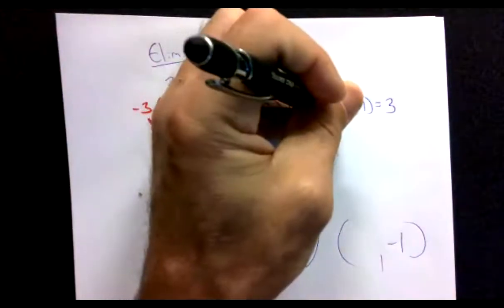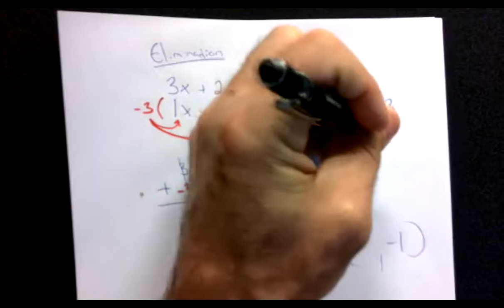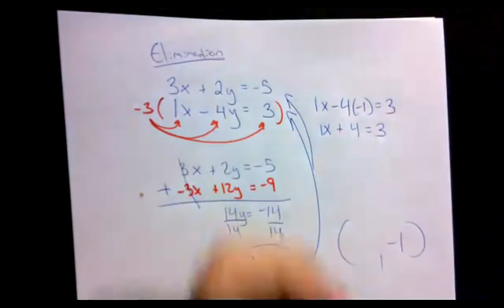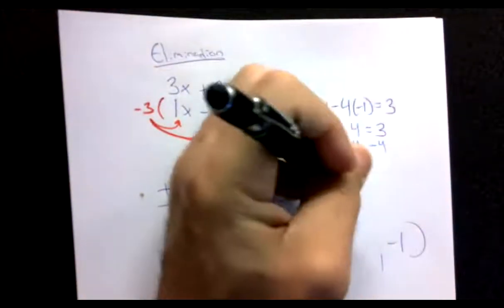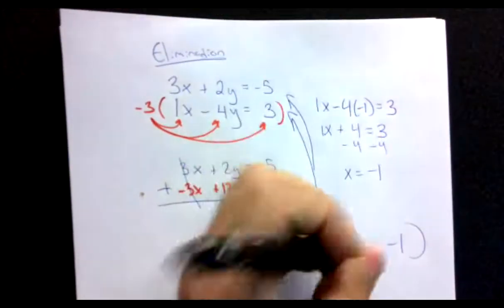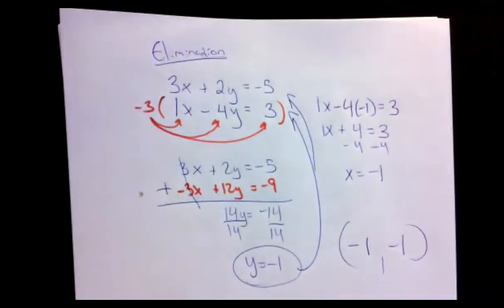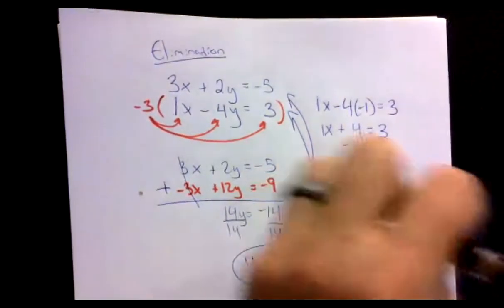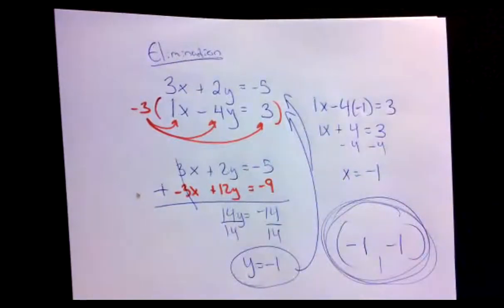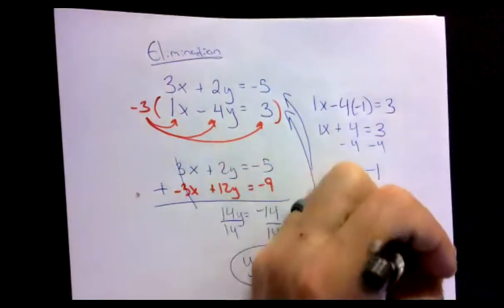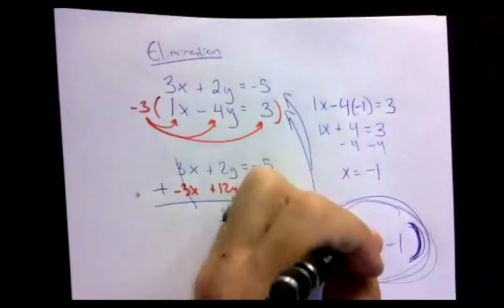So 1x, -4 times -1 is +4. Subtract 4 from both sides. And x is also -1. So this coordinate, okay, is my solution.